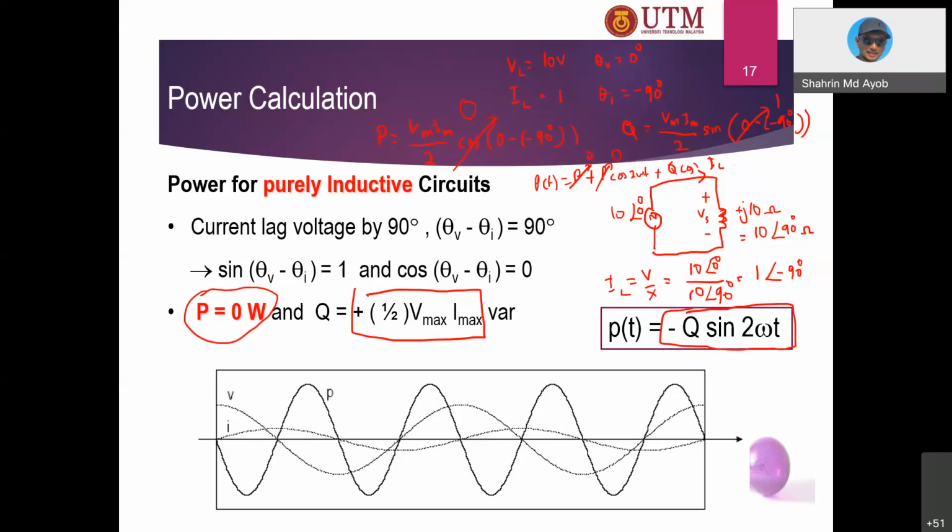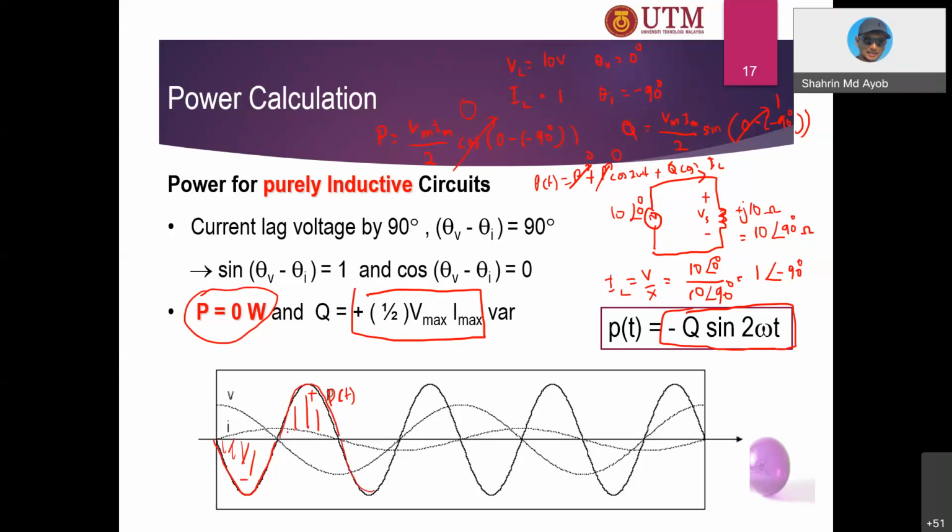Okay. So this is the plot of your instantaneous power, p(t). Right now, as you can see, you have negative and also positive power, and the area under this graph, negative and positive, is similar.